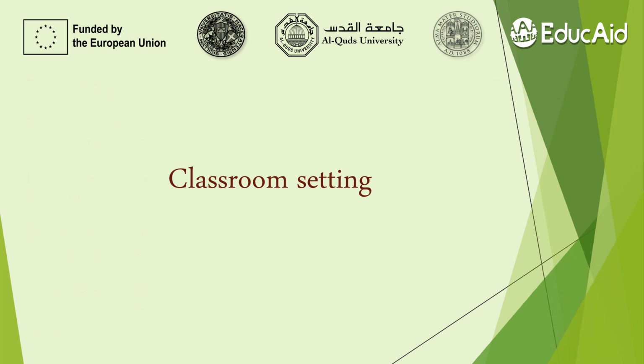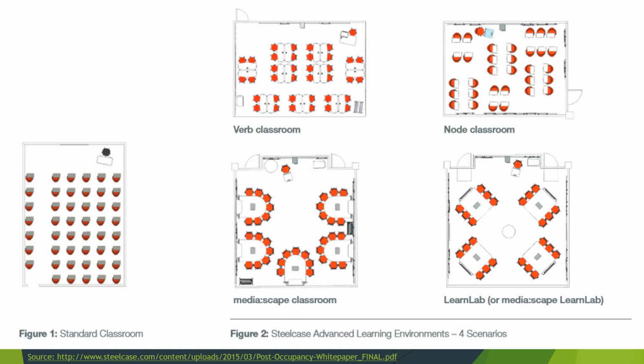Let's talk about classroom settings because it's very important to focus on the environment if you want to have and facilitate cooperative learning. The pictures on this page present different ways of organizing the space inside the classroom.